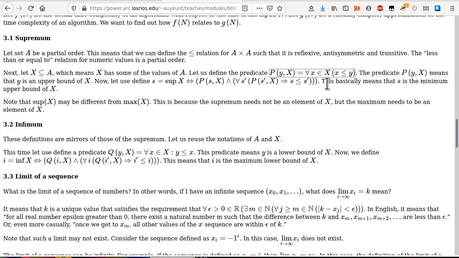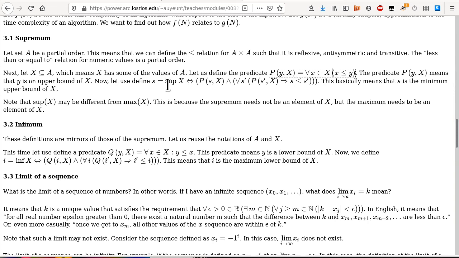If P(y, X) is true, it means y is an upper bound of all the elements in X. Now, the next question is, can't we just use the word maximum? Well, it's not exactly a maximum because y does not have to be in X. So y can be in A but not in X in order to fit this description.